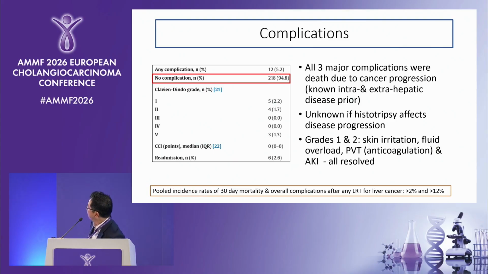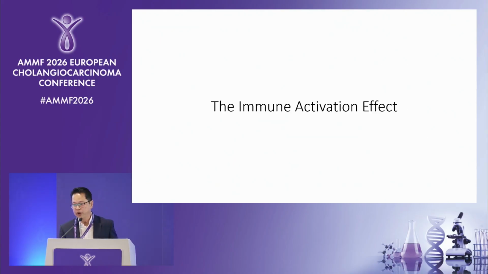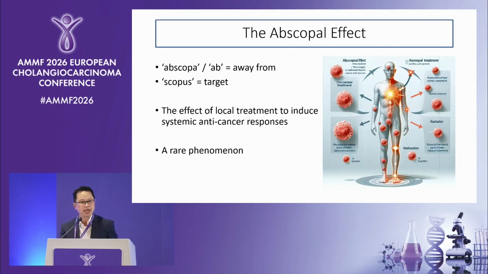So I told you about the complications. The one thing I want to mention is this immune activation of histotripsy, the abscopal effect. For those who are not familiar, abscopal effect essentially means that if we apply treatment, say, to one area of the tumor here, but then there is a systemic effect or global effect around the entire body, causing reduction in size or improvement of the tumors away from the treatment area that you treated.